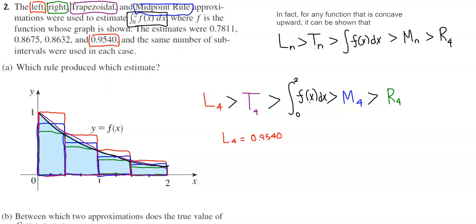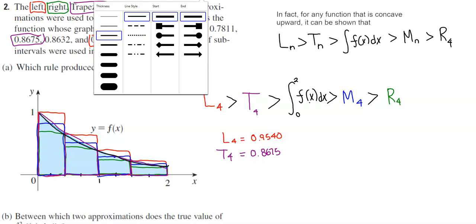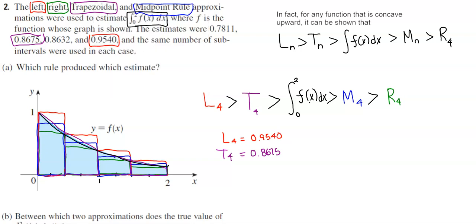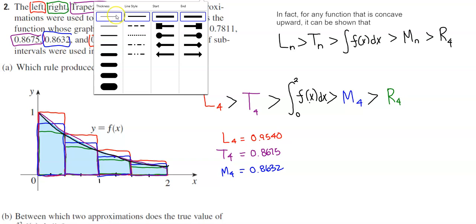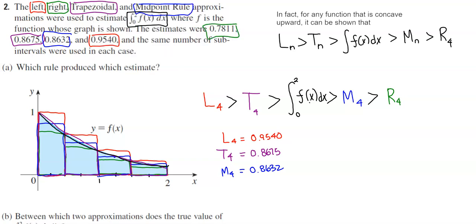So T4 is the next value, which is 0.8675. And then the midpoint is going to be the next value, which is 0.8632. And then the right is going to be the least, which is 0.7811.